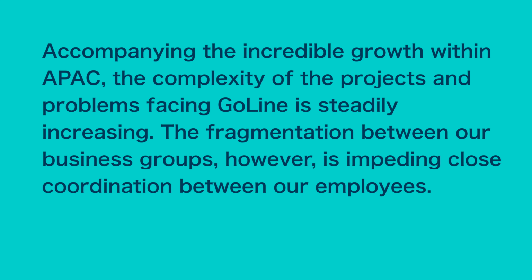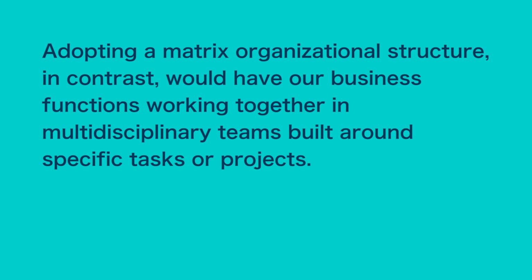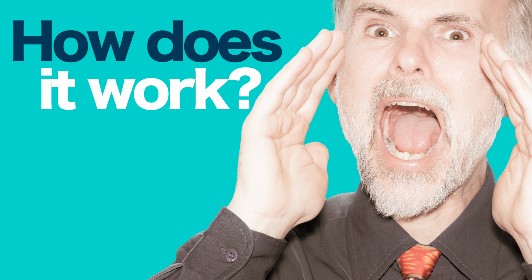Fragmentation between our business groups, however, is impeding close coordination between our employees. Adopting a matrix organization structure, in contrast, would have our business functions working together in multidisciplinary teams built around specific tasks or projects.